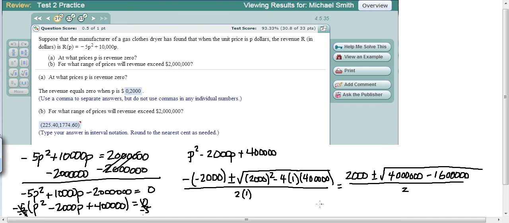Alright, so now we take this, which is 4 million minus 1.6 million, and we're left with 2,000 plus or minus the square root of 2,400,000, and we divide all that by 2.